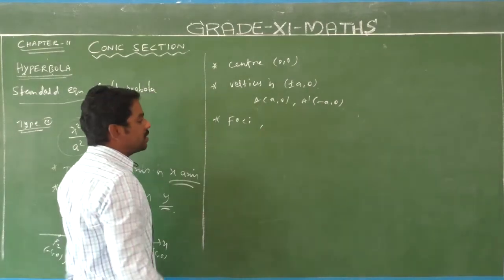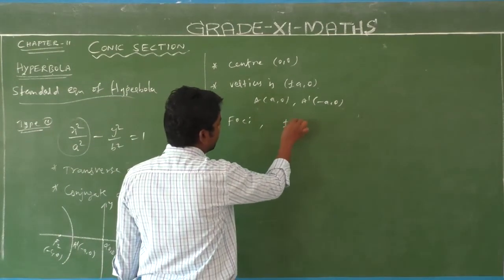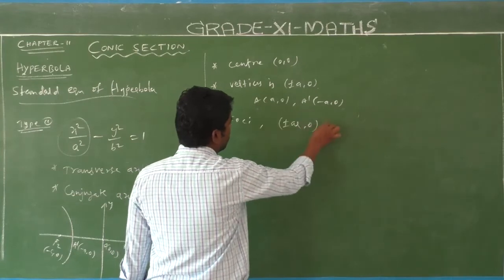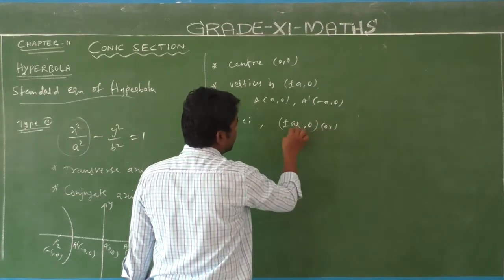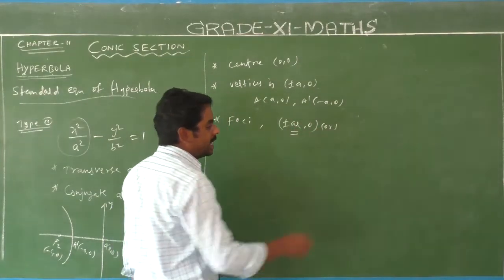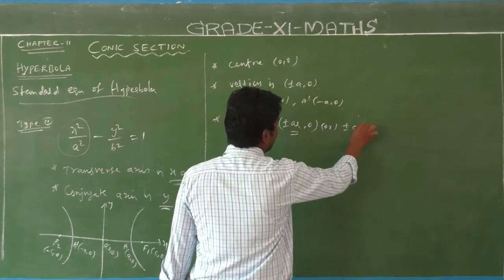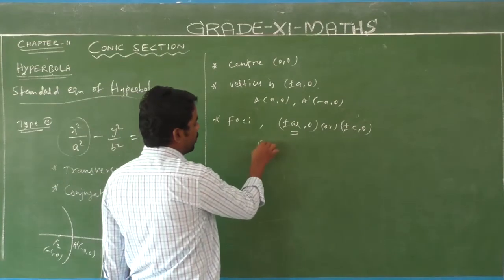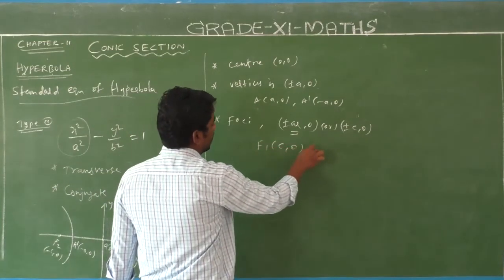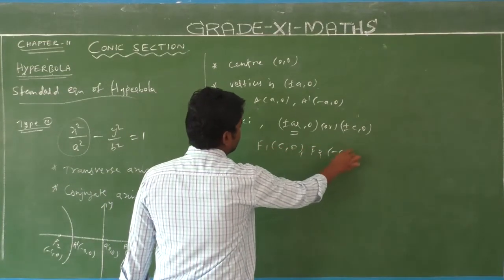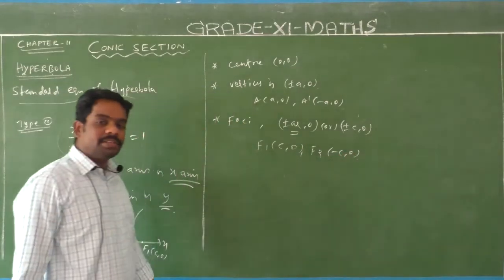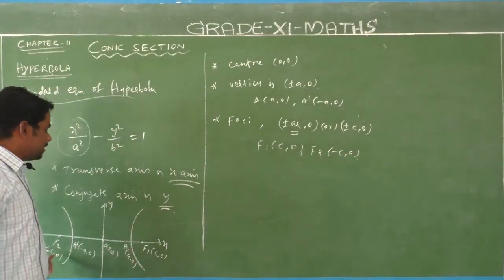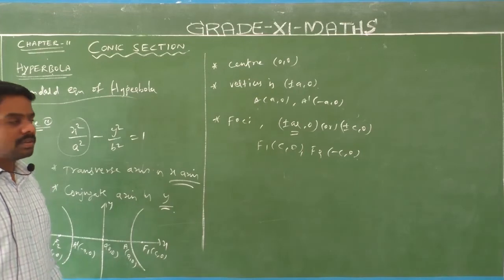Here c is equal to ae, therefore plus or minus c, 0. That is, F1 is c, 0, and F2 is minus c, 0.